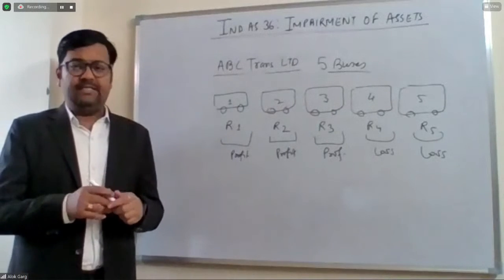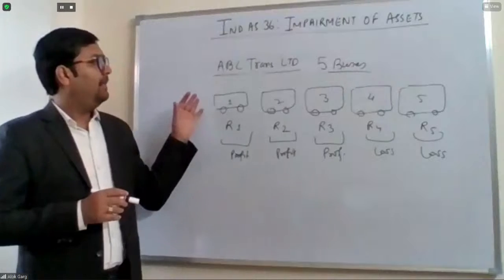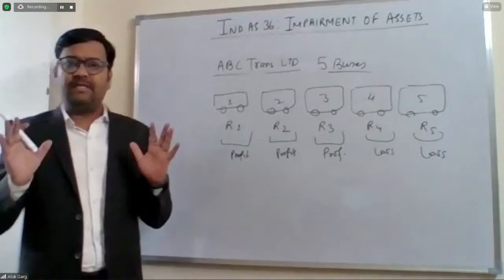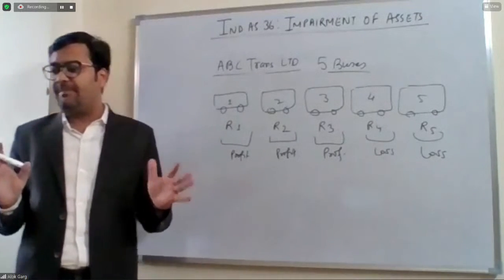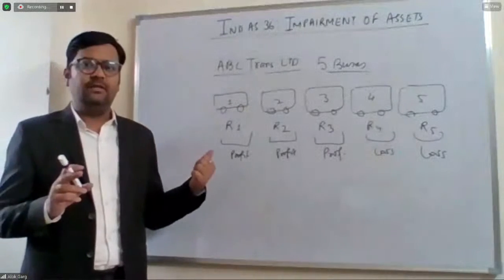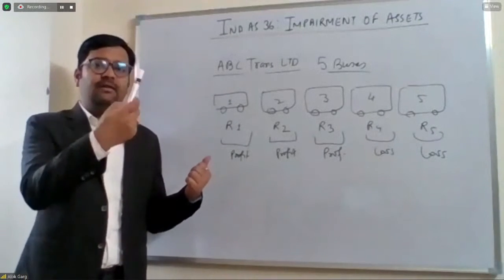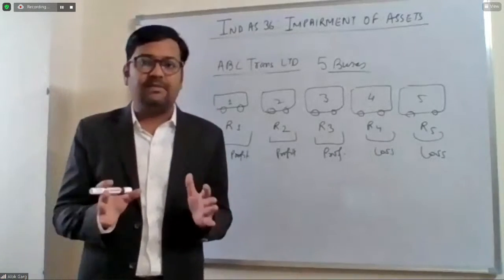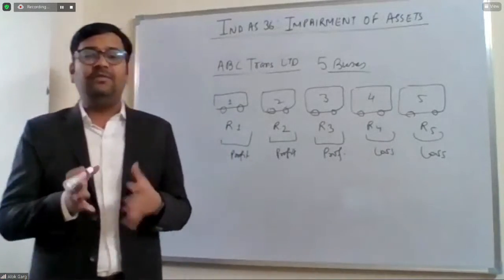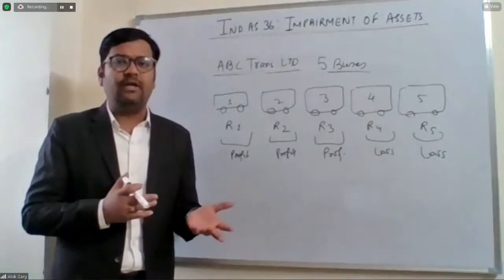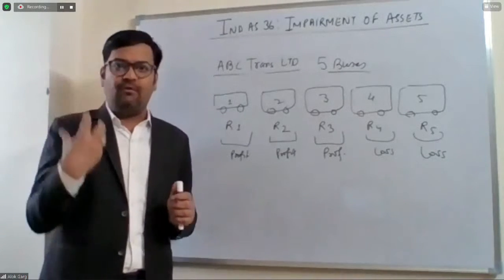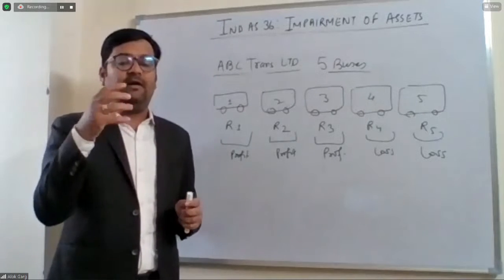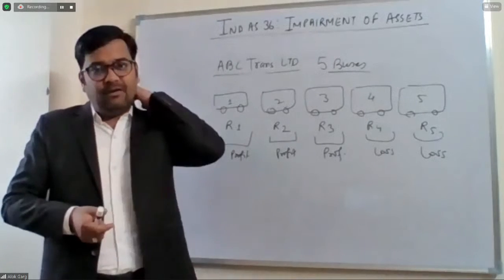Now my question is, in every route the buses are separate, am I right? So one bus will run on one route at a time. So for every route there is a dedicated bus, a dedicated driver, a dedicated conductor. There is a separate cash flow. There is a separate revenue by selling of tickets.